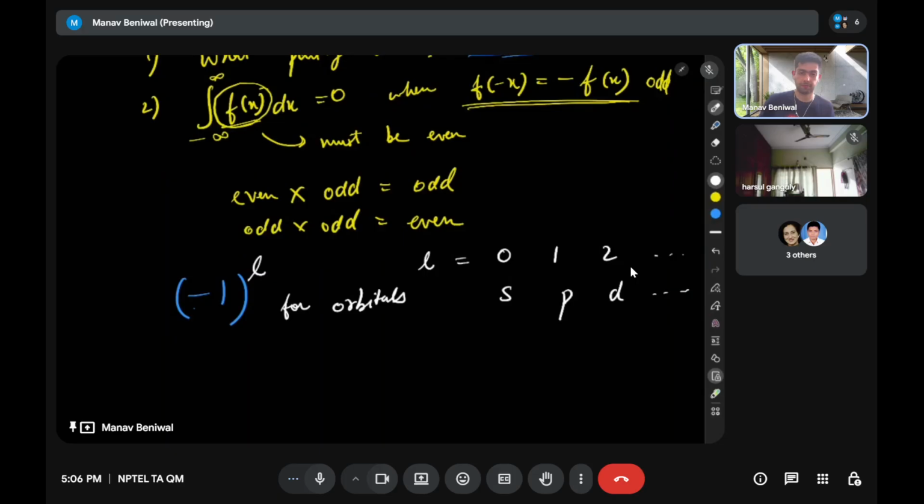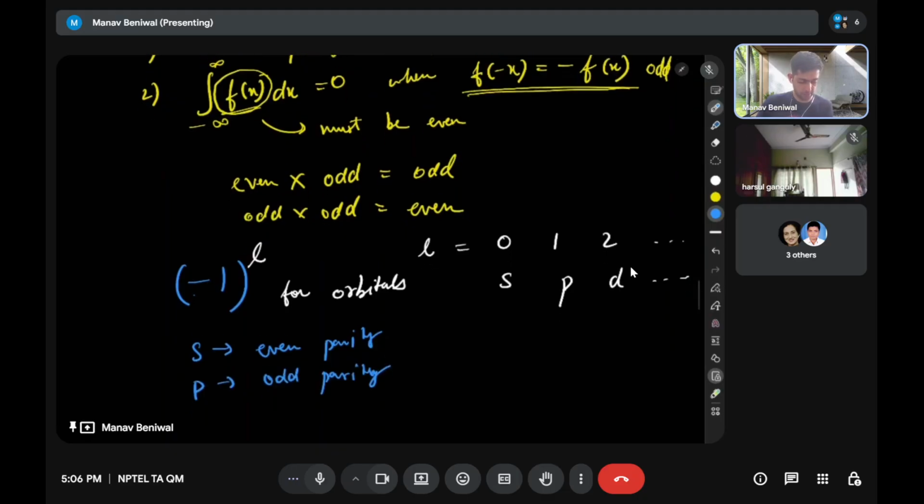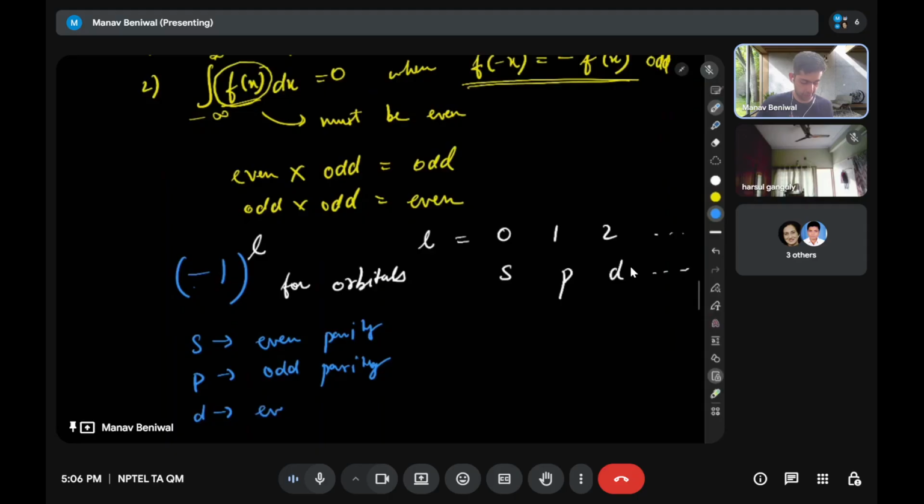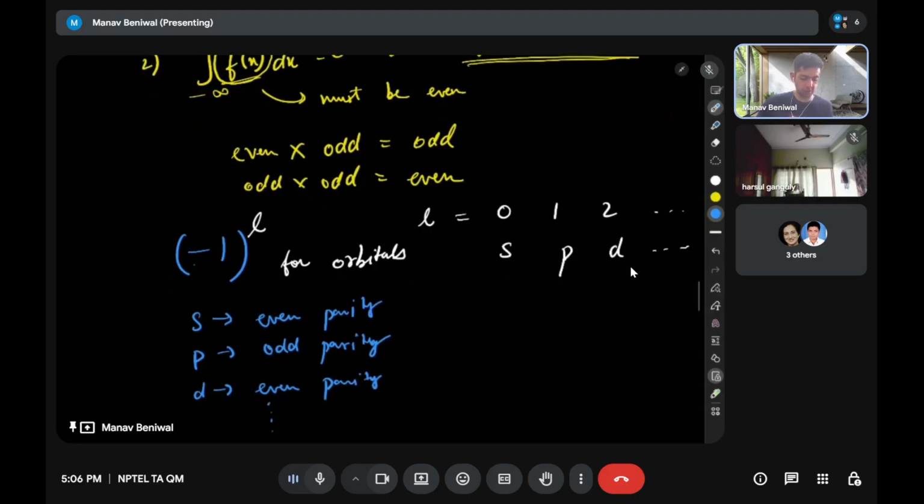For s, L is 0, so it has minus 1 to the power 0, which is 1. So it has even parity. p will have odd parity and d will again have even parity, and so on. So odd, even continues.